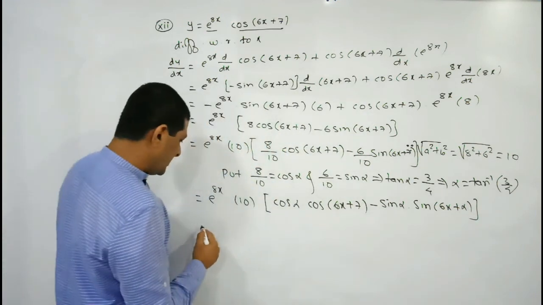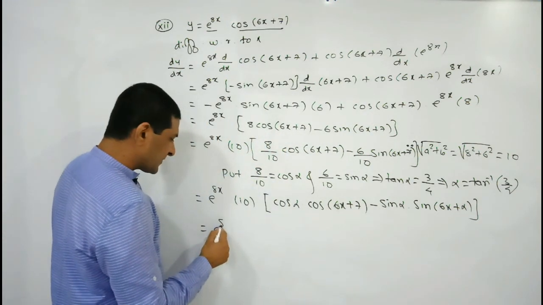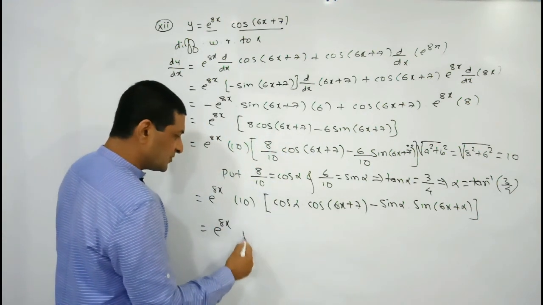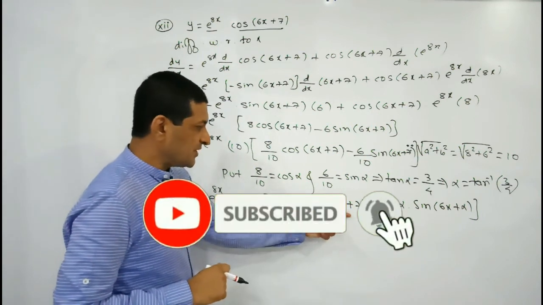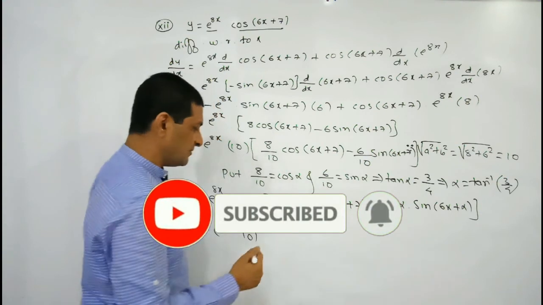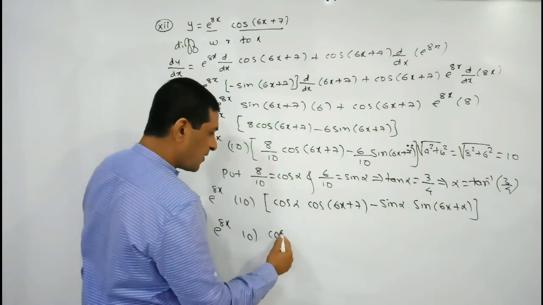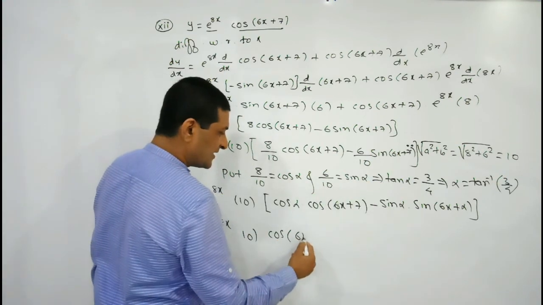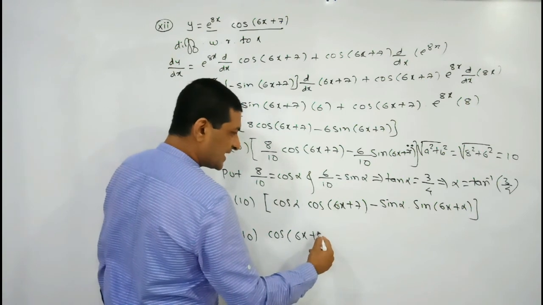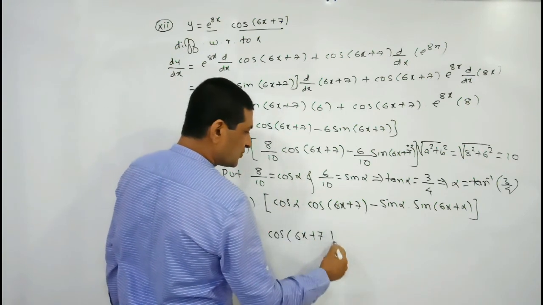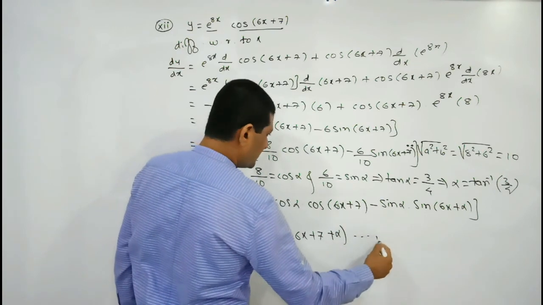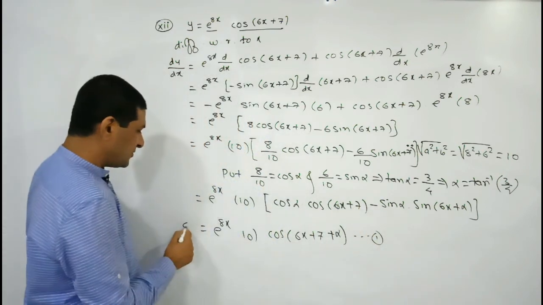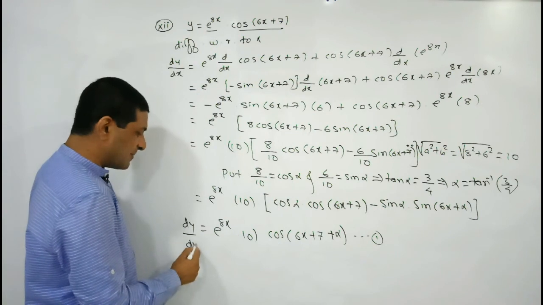So this is equal to e raised to power 8x, keep it as it is, into 10 also as it is. Now this expression is in the form of cos a into cos b minus sin a into sin b, which is nothing but the value of cos of (a plus b). Let us suppose that a means 6x plus 7 and b means what here? Alpha. In this way we have got the value of the first order derivative. Let us denote it by equation number 1, meaning the value of dy by dx.